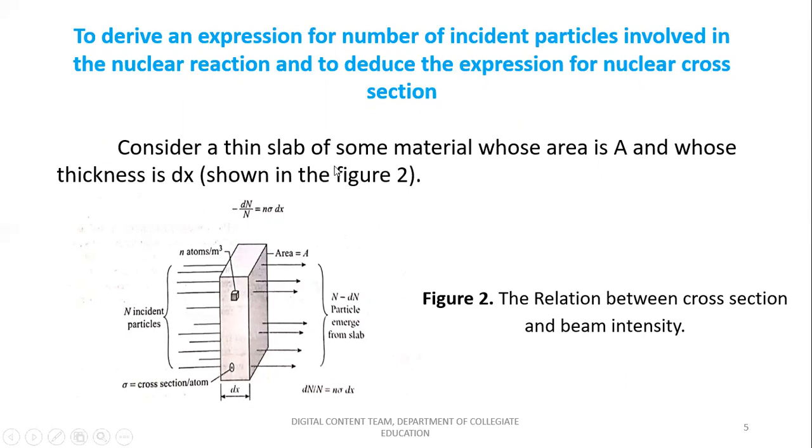Consider a thin slab of some material whose area is capital A and whose thickness is dx, as shown in the figure. Here dx represents the thickness and capital A represents the cross-sectional area of the slab. With this, we'll deduce an expression for the total number of incident particles involved in nuclear reaction, and hence the expression for sigma.